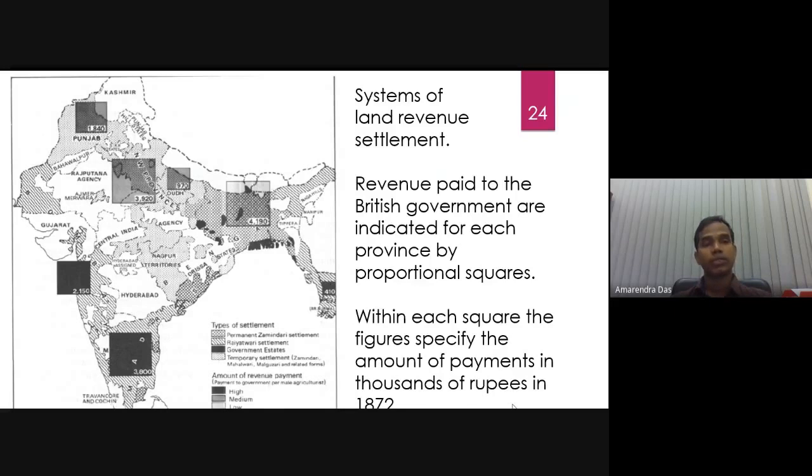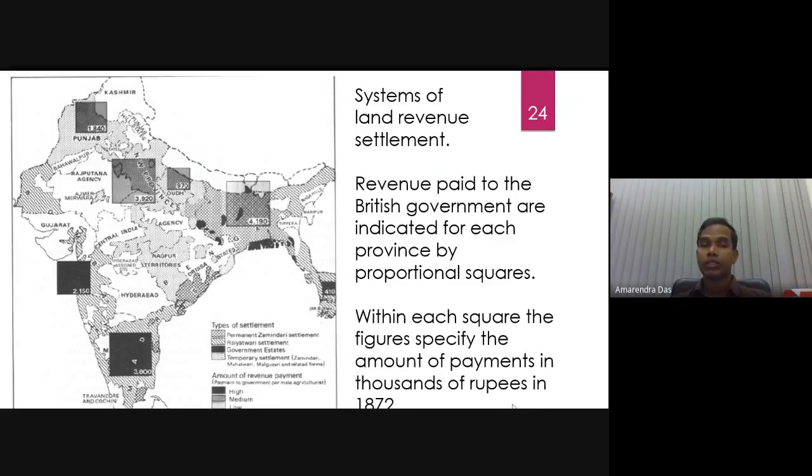Then northwest provinces 3,920, and in Punjab region 1,840. So in different parts we see different settlements, like Zamindari, Raiyatwari, and temporary settlements. The rates were also different. So we cannot say that in the entire country we had a single form of tenure system during this period.